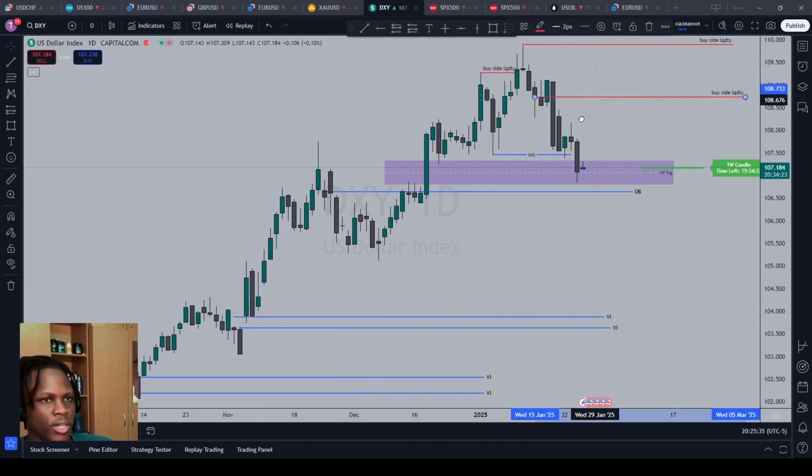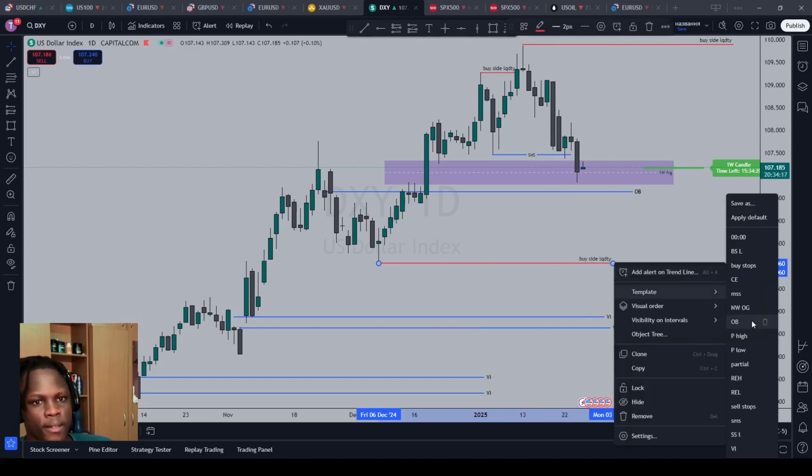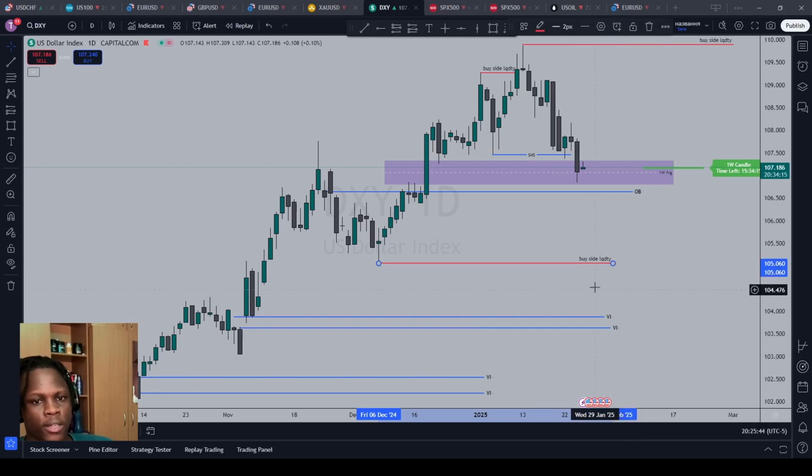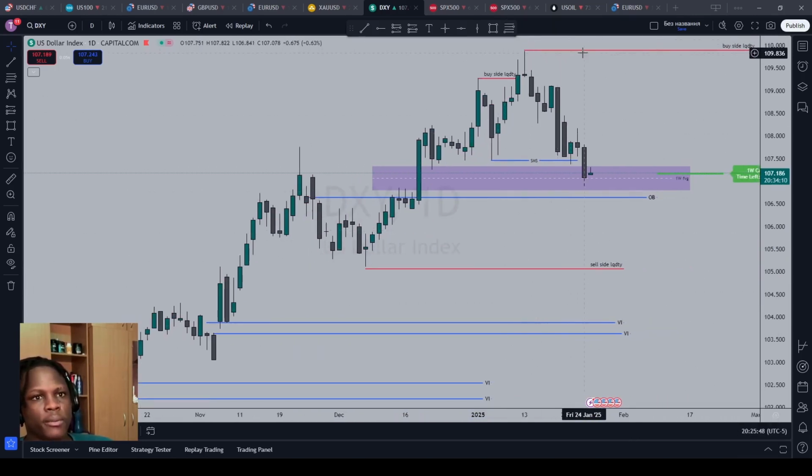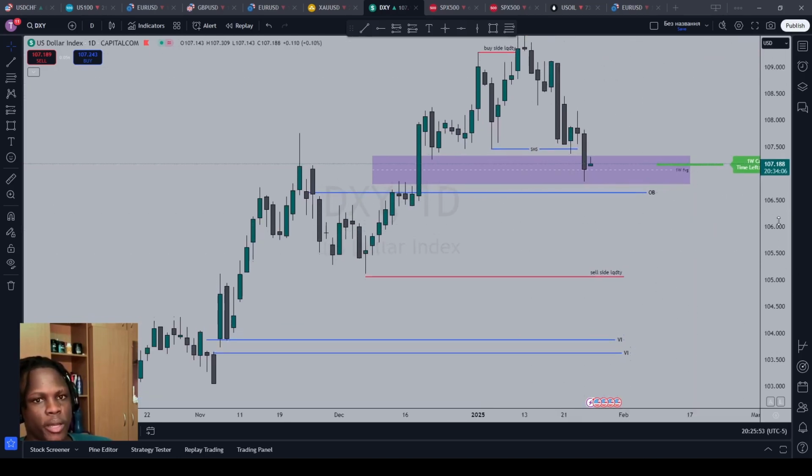So usually I do it like this. Sell side liquidity. So this is my buy side liquidity into this coming week, and this is my sell side liquidity into this coming week.